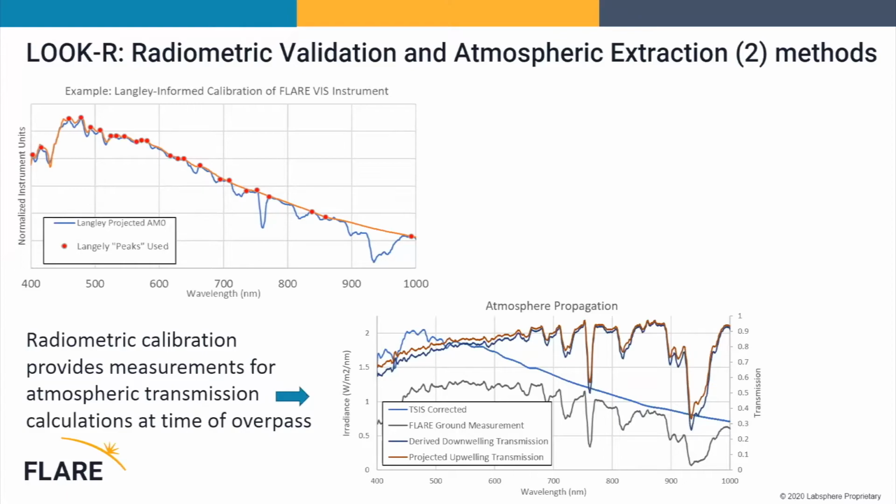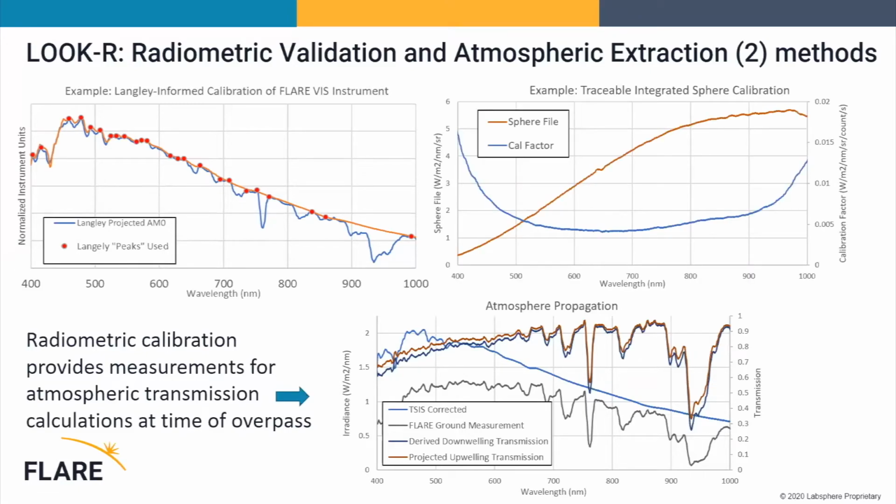But to augment that, we put a second calibration device into the flare systems, and that is in the radiometric tower. When the instrument is stowed, we actually have an integrating sphere in there, and that integrating sphere is calibrated traceable to NIST. So this one, the Langley, is traceable to the TSIS-1 at the top of atmosphere on the International Space Station.